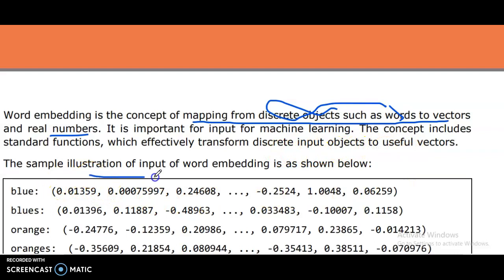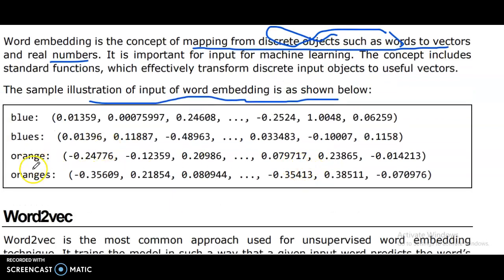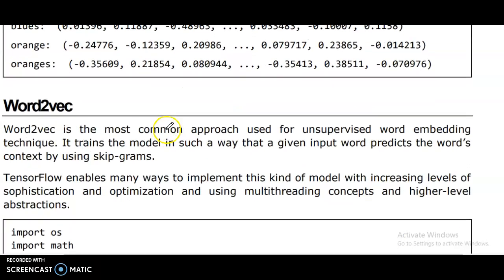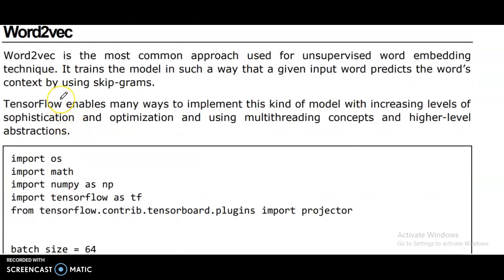The same illustration of input word embedding is as shown below. Blue, blues, orange, oranges. Word2vec vector. Word2vec is the most common approach used for unsupervised word embedding technique.